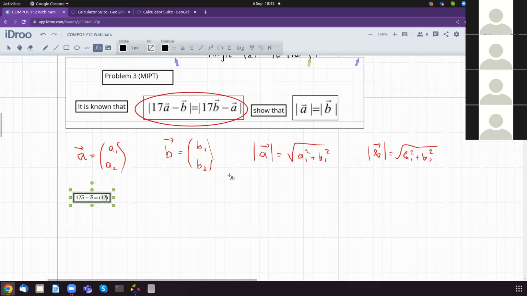In this case it's 17a1 minus b1, and 17a2 minus b2.